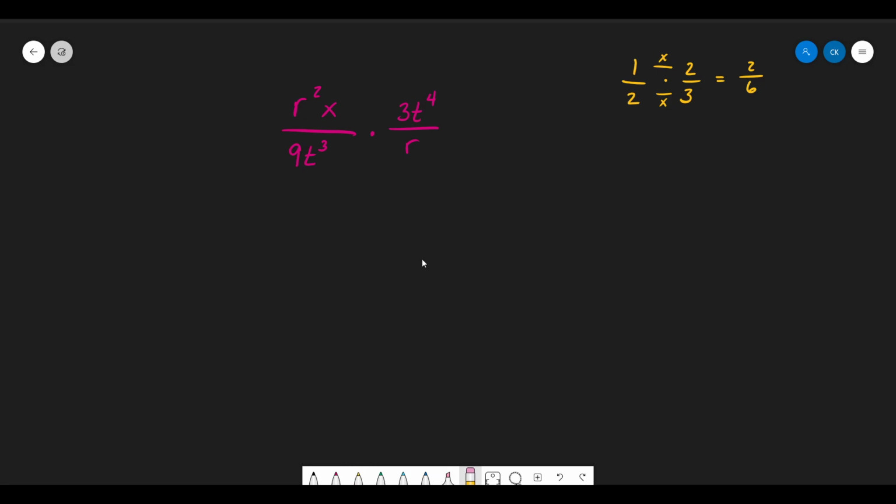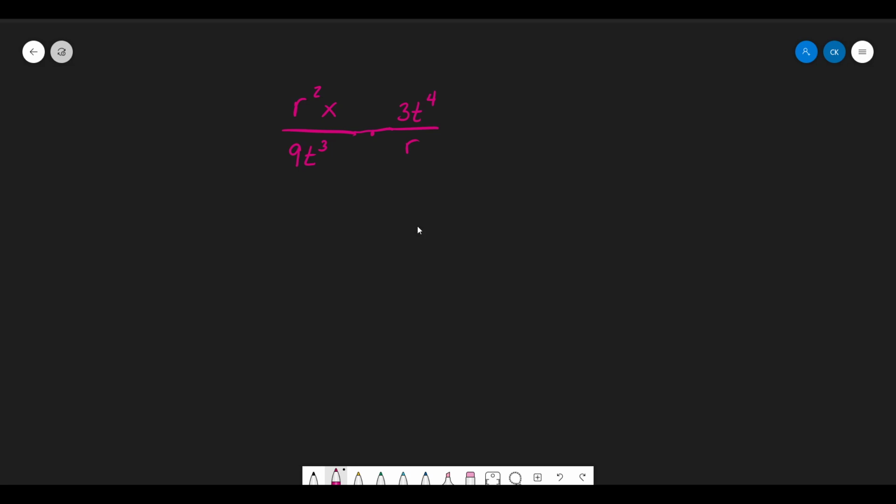It's essentially the same concept, okay? So really, when we have a multiplication symbol here, we can forget that it's even there and really just make this one big fraction, where this right here is my numerator, and this is my denominator.